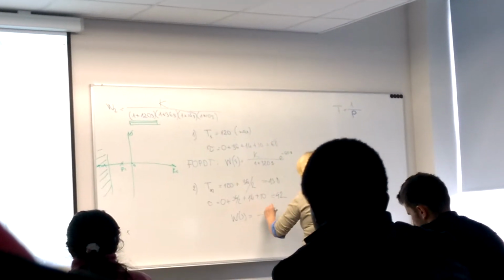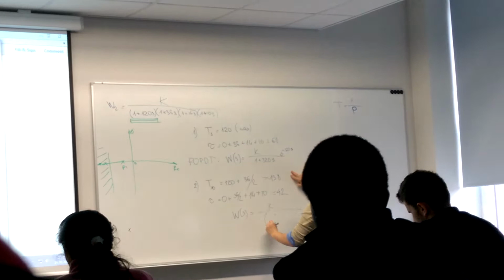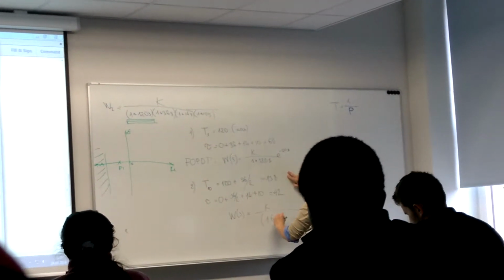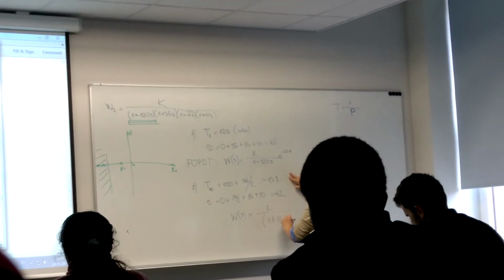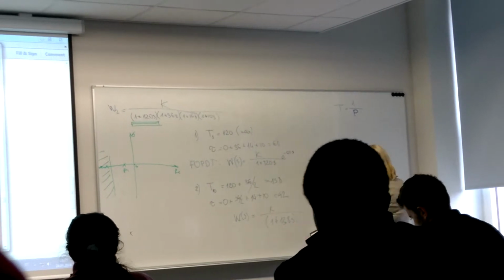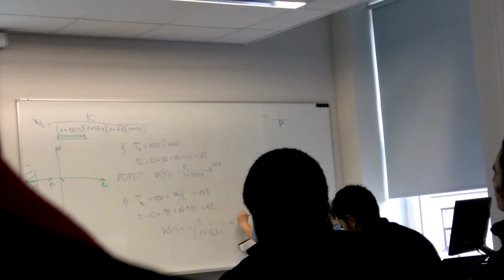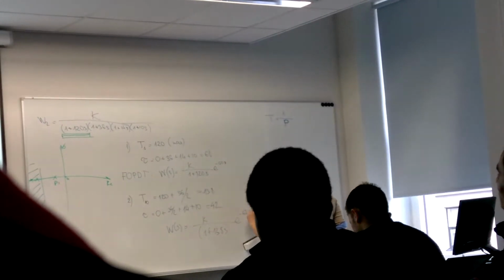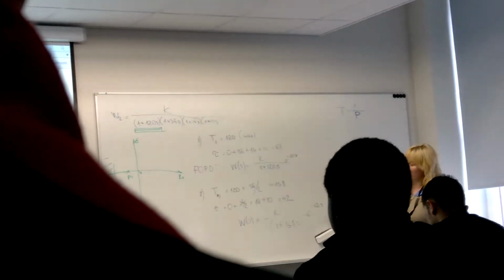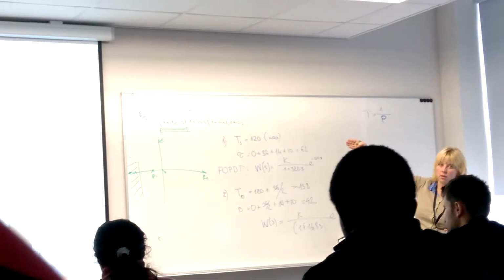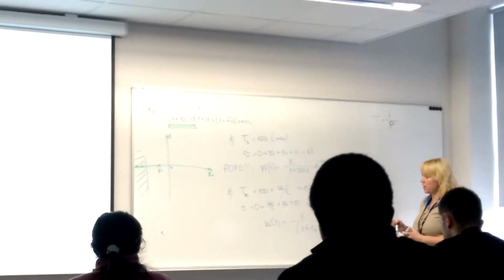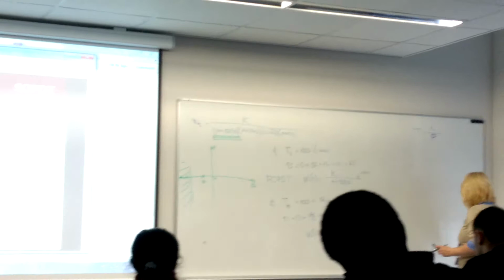The same gain, then our time constant, and the delay is 42. So as you can see, we have one process, but we can describe it in different models.